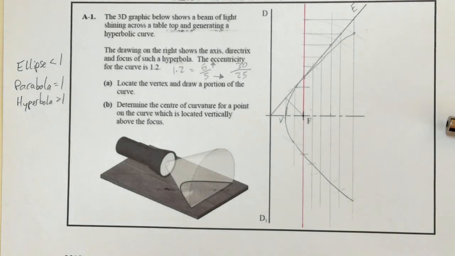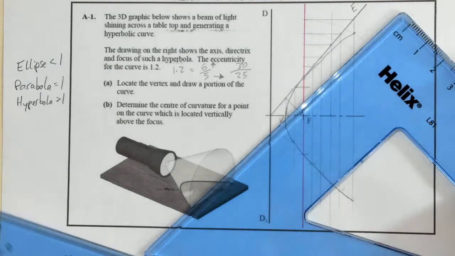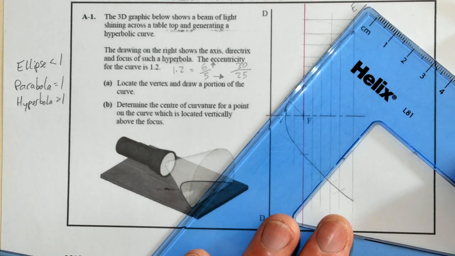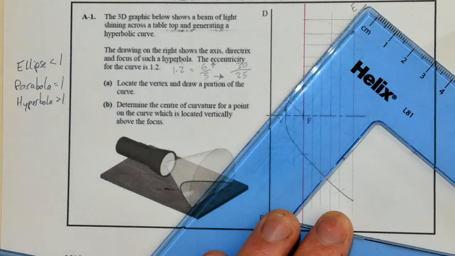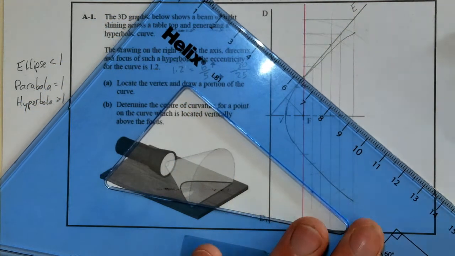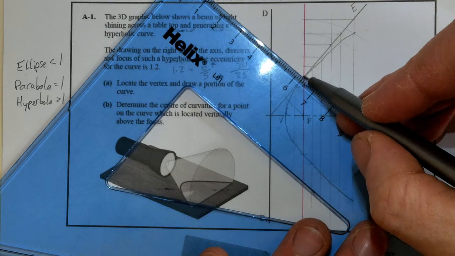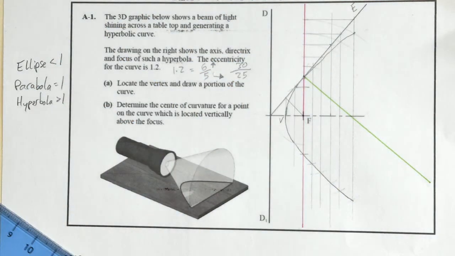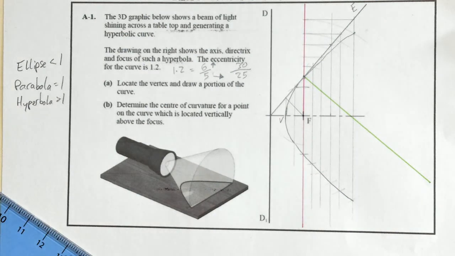So our first step for finding the centre of curvature is to draw the normal. And if you remember back to junior cert, the normal is always perpendicular to the tangent. As I said, that line of eccentricity there is the tangent.